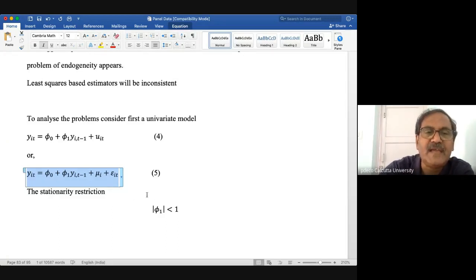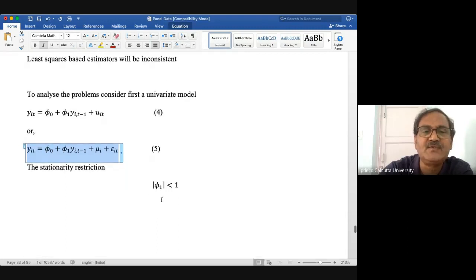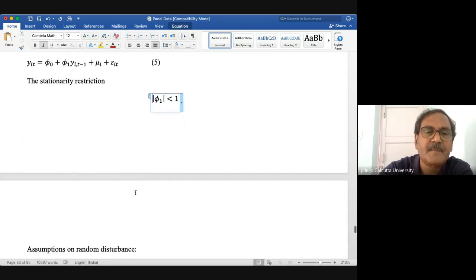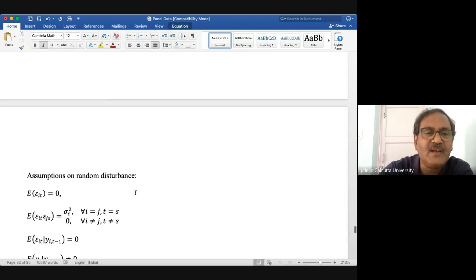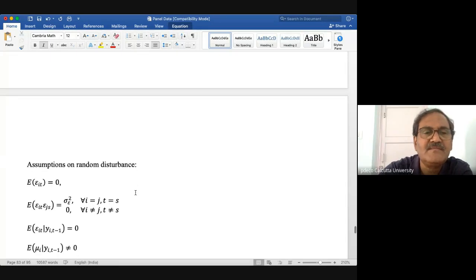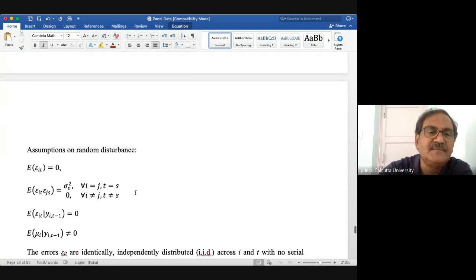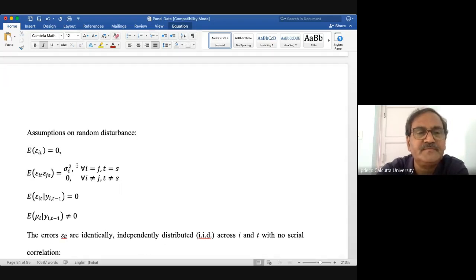Okay, so for the time being, suppose the variable is stationary, that is, we assume that phi 1 is less than 1. Along with this stationarity assumption, we also consider our classical assumptions on the random error, that is, the expected value of epsilon_it equals 0, the variance of the random error is constant, and covariances are 0.